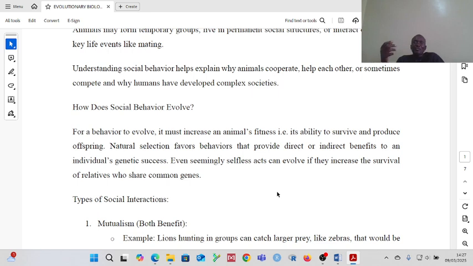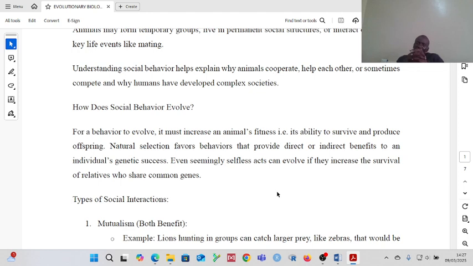So for any social behavior to evolve, it should have an ability to enhance the ability of a particular organism or animal to survive longer and attain reproductive maturity, so that it can leave offspring.